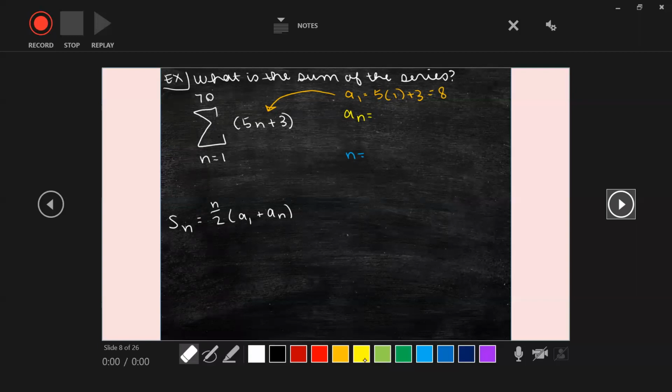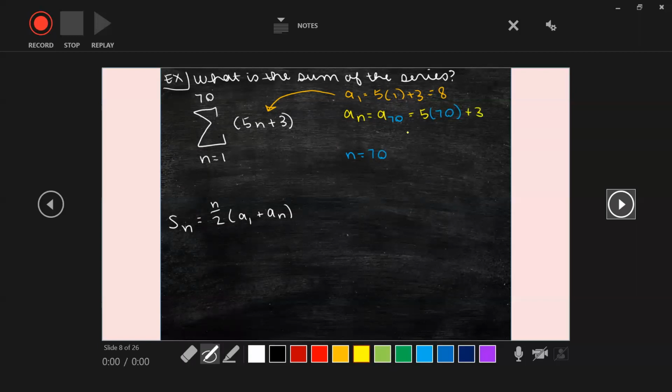So a sub n in this case is actually telling us, can anyone tell me what my n is? 70. So this is telling me that I need to find a sub 70. You're just going to put 70 instead of n.